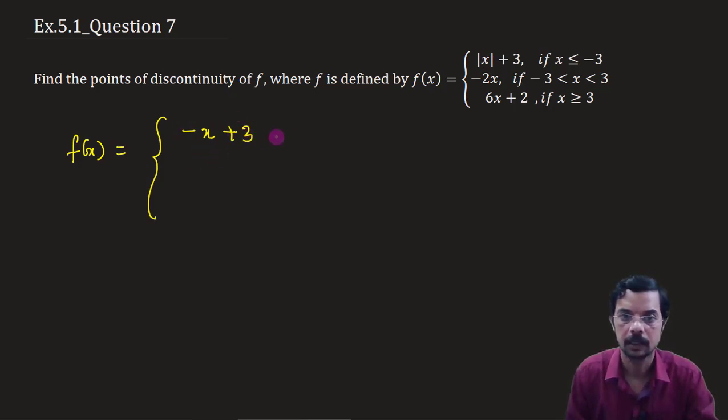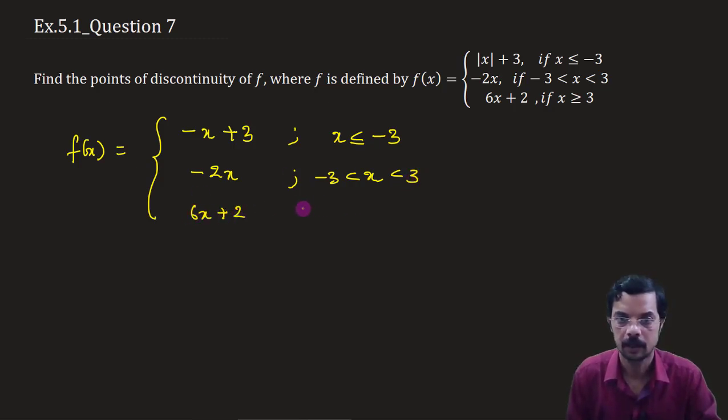Here, when x is less than or equal to minus 3, then we have minus of 2x when x lies between minus 3 and 3, and 6x plus 2 when x is greater than or equal to 3.